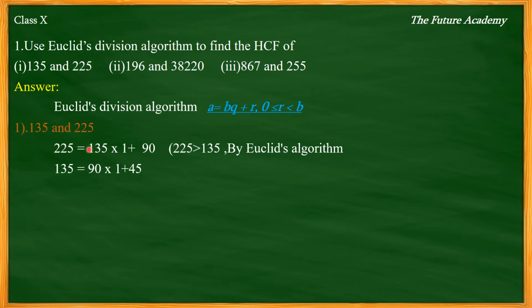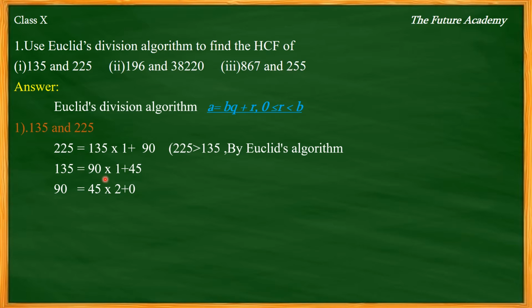So we have to divide 135 by this 90. We have 1 times 90 in 135. So we get 135 is equal to 1 times 90 plus 45. Even now the remainder is not 0.